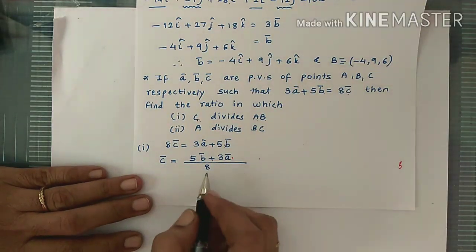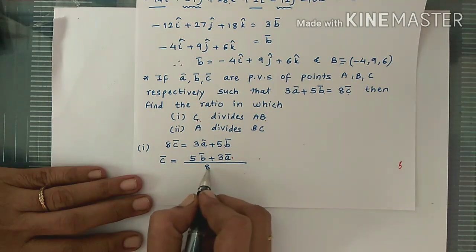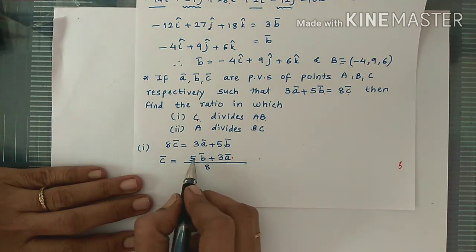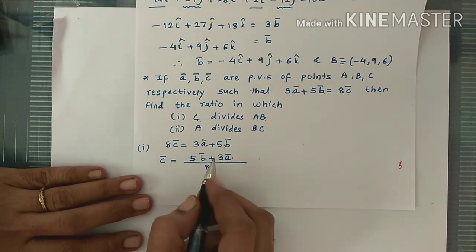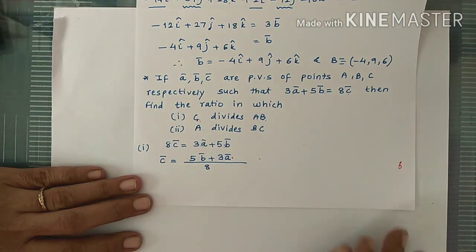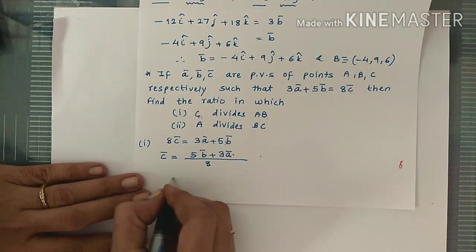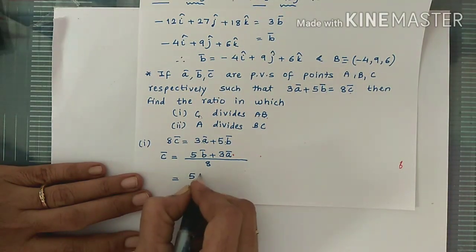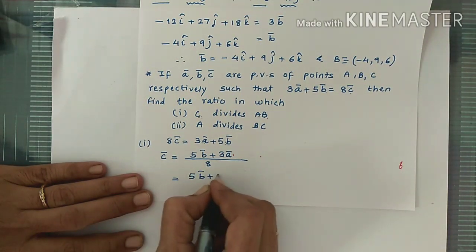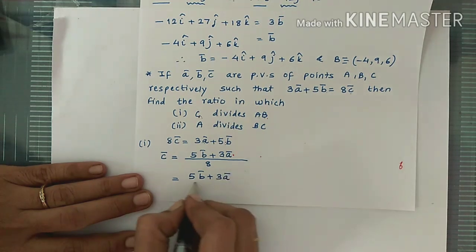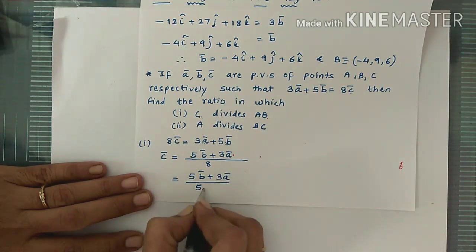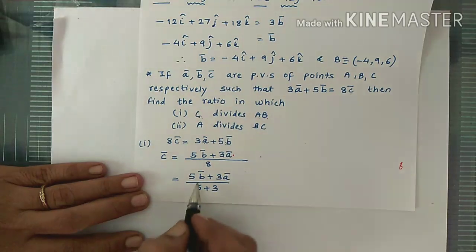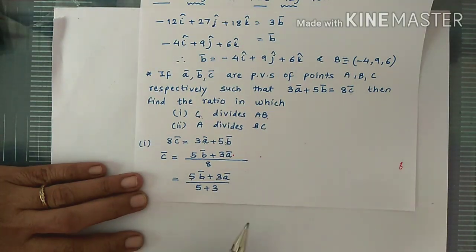One more step is that in the denominator it should be the sum of these two coefficients if it is internal division, and if it is external division then in between we should have a minus sign. So this 8 we can write as 5 plus 3. Why? Because now we have m b bar plus n a bar upon m plus n, the same numbers.